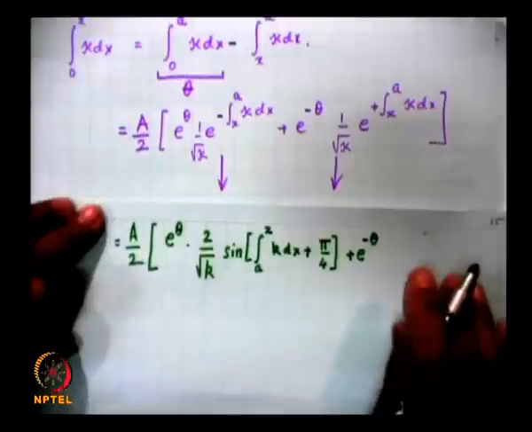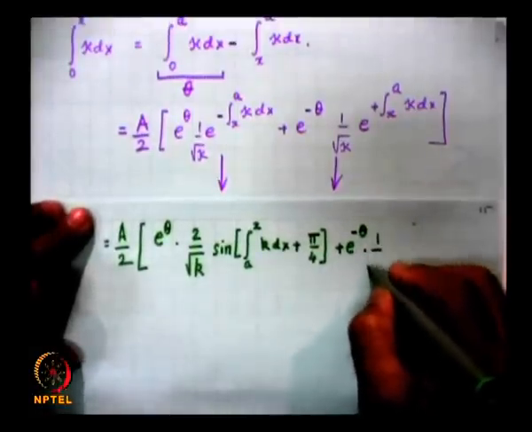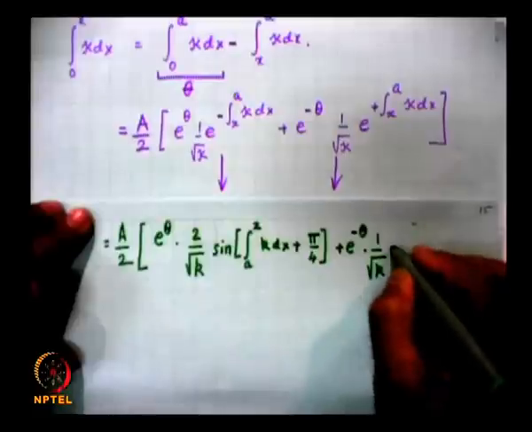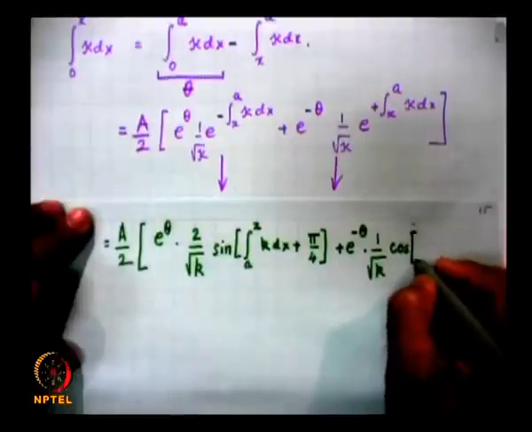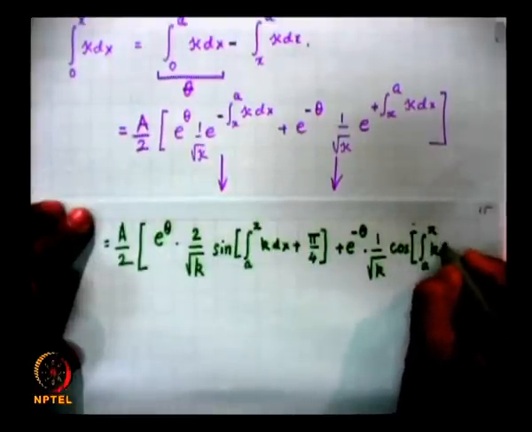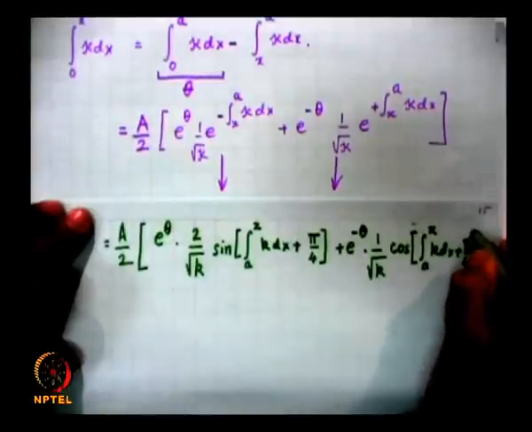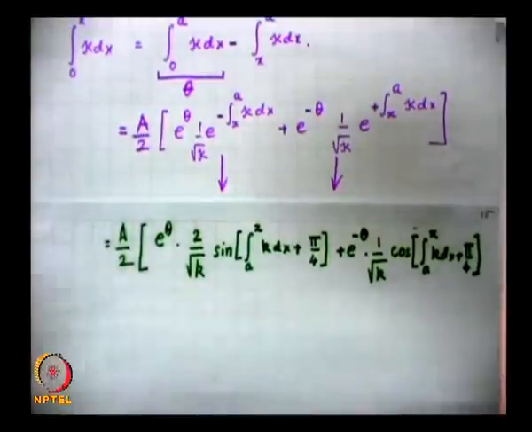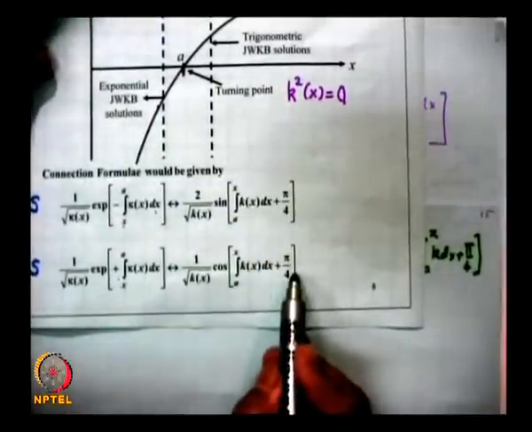I thought I will do this example so that you understand how to use the connection formulae: 1 by root k cos of integral a to x k dx plus pi by 4. So, you see, one is the sine term and the other is this cos term.